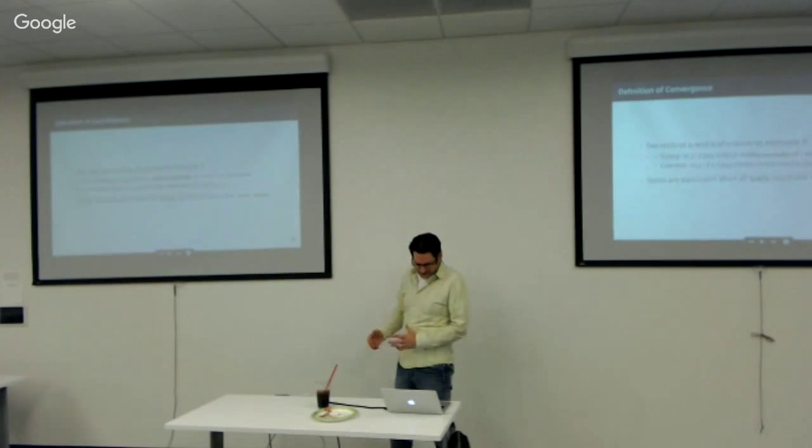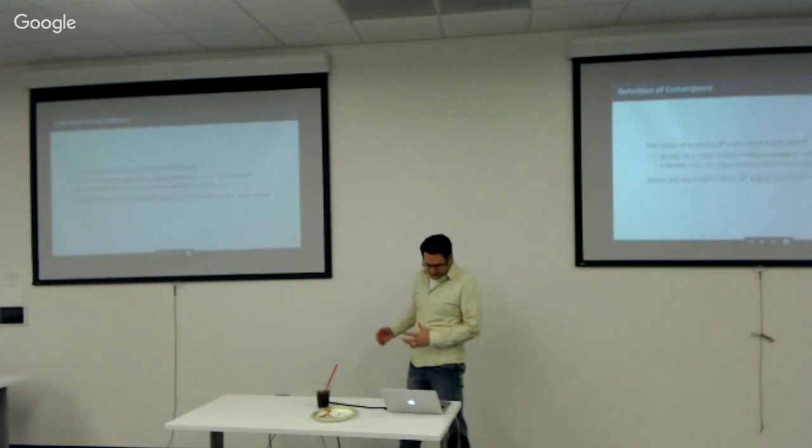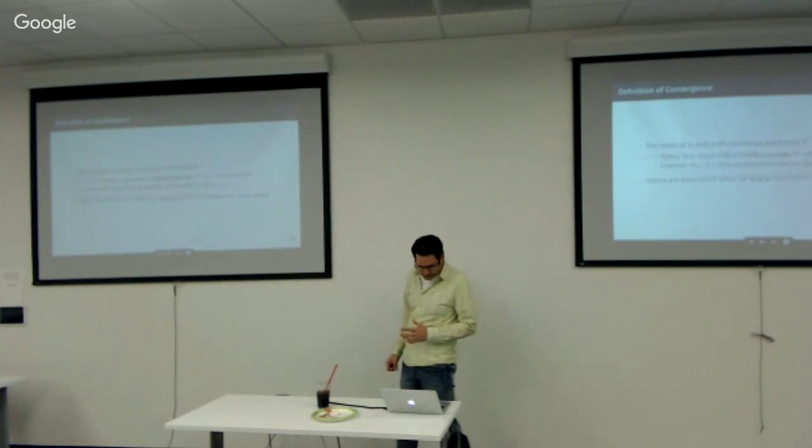So if two replicas, x sub i and x sub j, converge eventually, they have these two properties of safety and liveness. Basically, safety means that for all i and j, when the causal history of x sub i has the same members as the causal history of x sub j, that means that the payloads of i and j are equivalent.